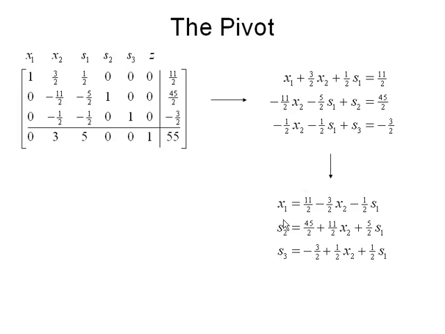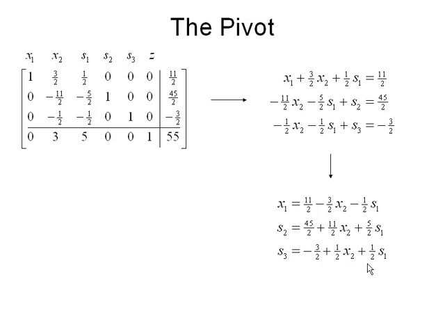So I get x sub 1 is 11 halves minus 3 halves x sub 2 minus 1 half s sub 1. The second equation is s sub 2 equals 45 halves plus 11 halves x sub 2 plus 5 halves s sub 1. And s sub 3 is equal to minus 3 halves plus 1 half x sub 2 plus 1 half s sub 1.